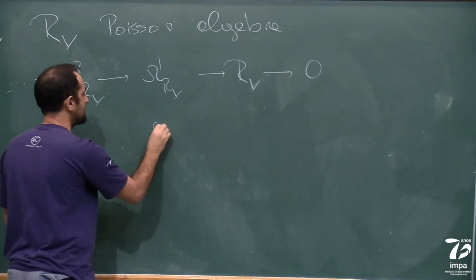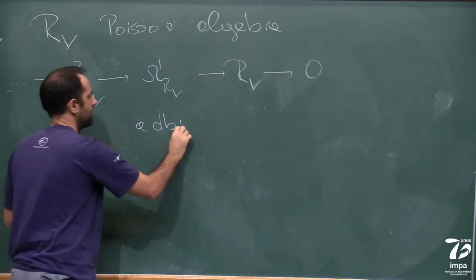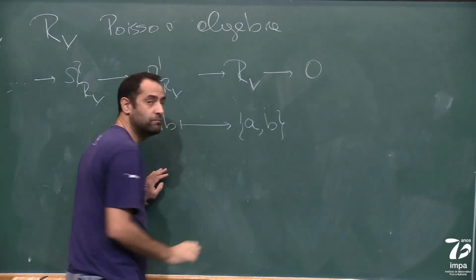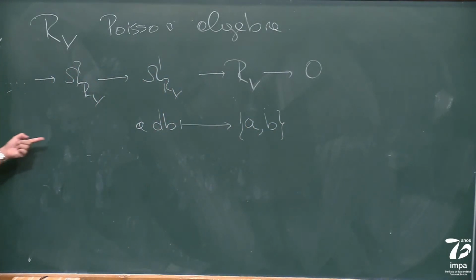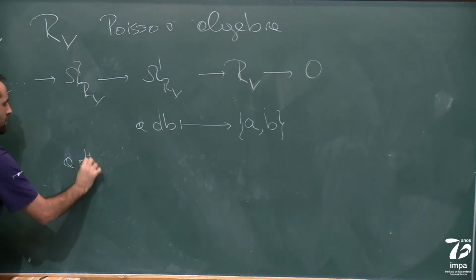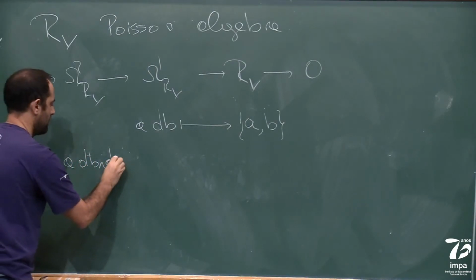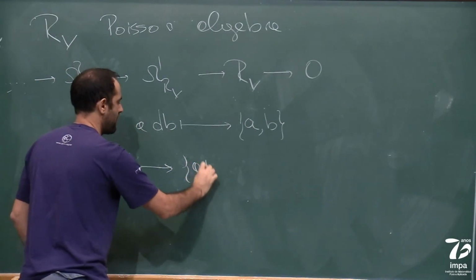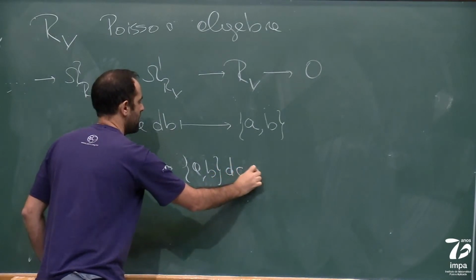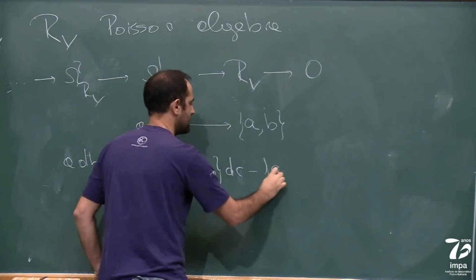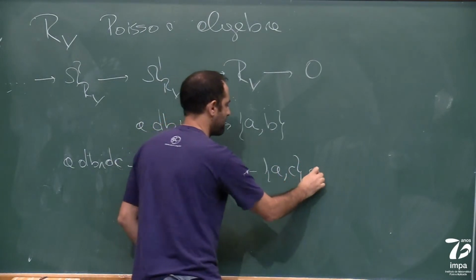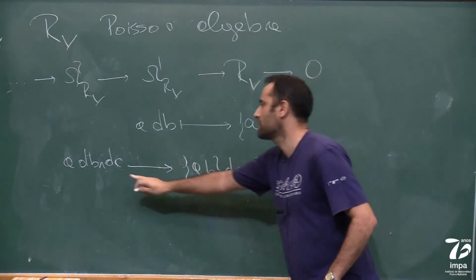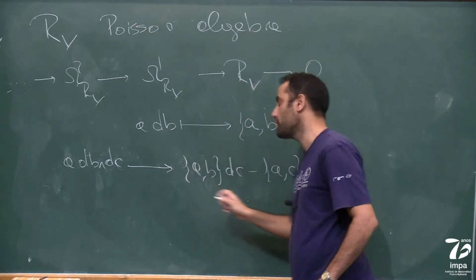So the differential is A dB maps to the Poisson bracket of A and B. And if you give me A dB dC, this maps here to the Poisson bracket of A and B dC minus the Poisson bracket of A and C dB. Again, the signs I might be getting wrong. And then there's one extra term, which is I take the Poisson bracket of B and C and take D of that.